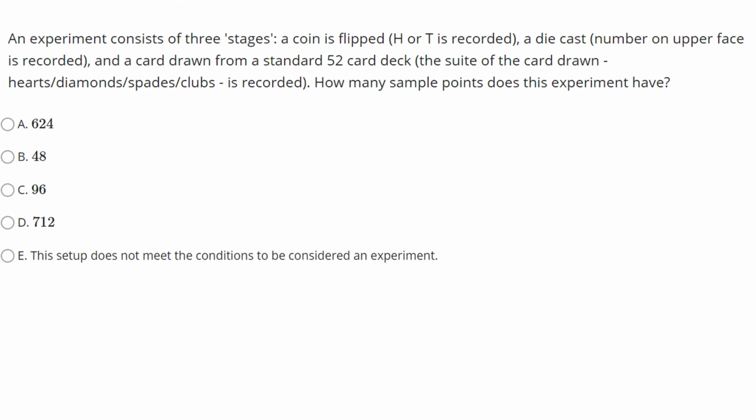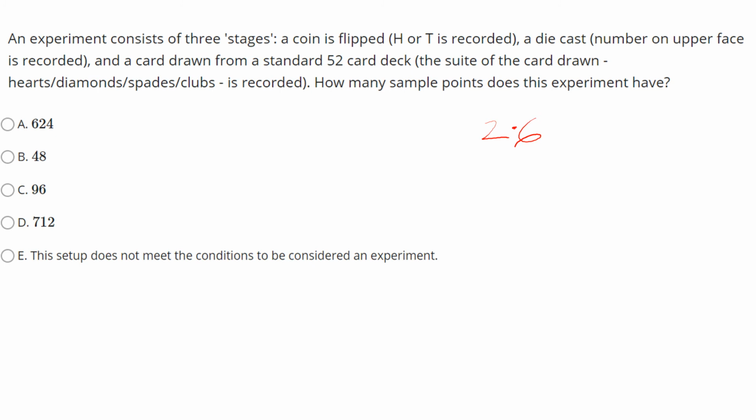So here we have to apply what we call the MN rule in the lecture, right? Where you have different stages in an experiment, different stages might have a different number of sample points. The total number of sample points of the overall experiment is then just the product of the number of sample points in the different stages. So in this case, when a coin is flipped, there are 2 possible outcomes. When a die is cast and the number on the upper face is observed, there are 6 possible outcomes.